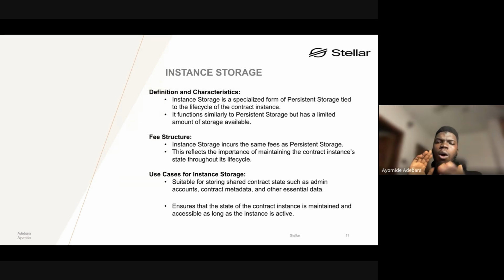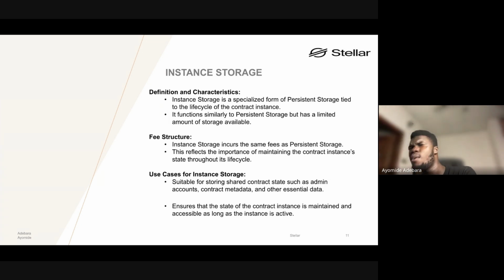So for the instant storage, it's just like the persistent storage, but the instant storage has a life cycle. And so that means it has a limited amount of storage available to it. So let's say you have a smart contract, and for the smart contract you want to use an instant storage.